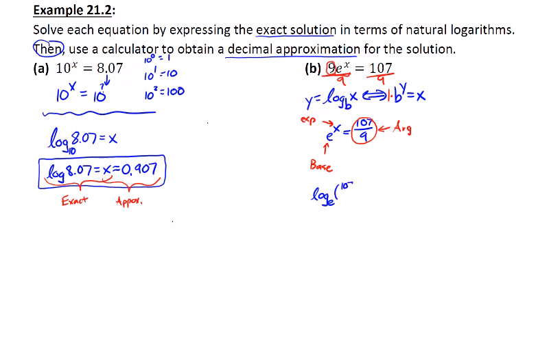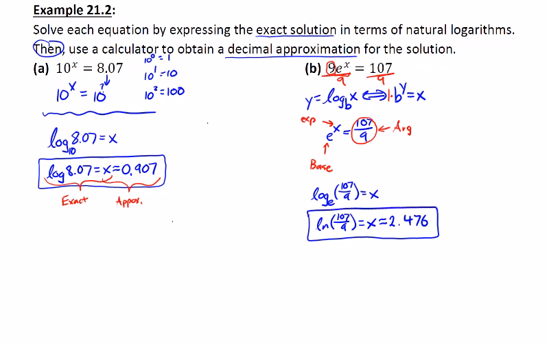The argument will be 107 divided by 9, and this is going to be equal to x. We saw that log base e is the same as ln, so we would call this ln of 107 divided by 9, and that's the exact answer. We can type that ln statement directly into the calculator, and that would give us approximately 2.476. I'll box that in as both the exact and the approximate answers.